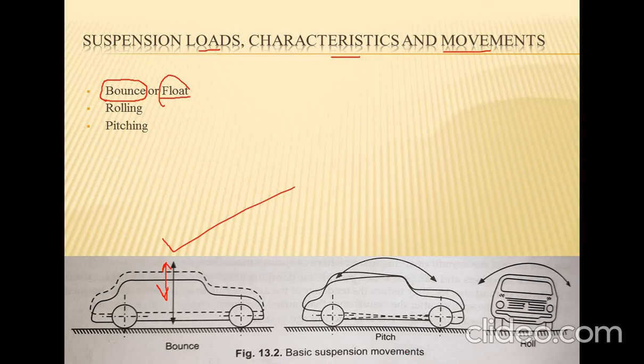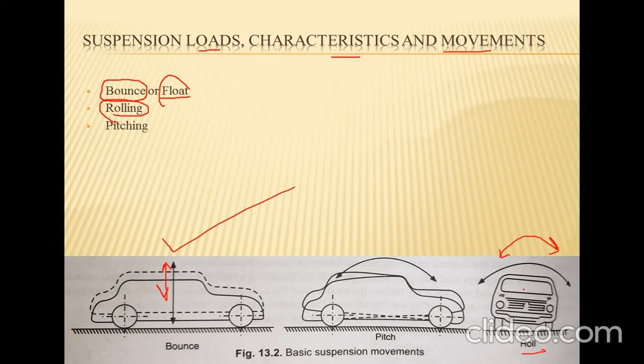But in case of rolling, it is the moment. You see, the moment is in such manner. The moment of the vehicle body about longitudinal axis and is caused by centrifugal forces when cornering, when taking a turn. The center of gravity of the vehicle lies considerably above the ground level.